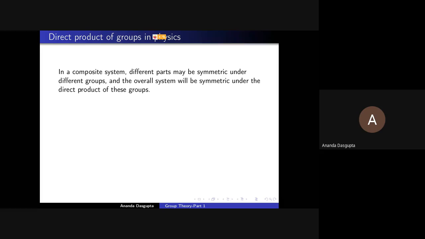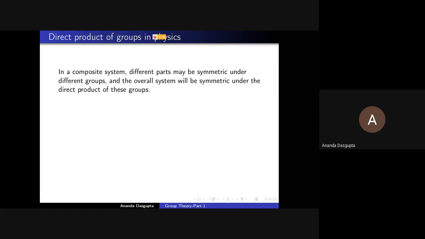A particular set of symmetry operations acts on the first one, and a particular set of symmetry operations acts on the second one. Now if you say, I treat them together as the same system, but when I do symmetry operations, I apply the first set on the first part, second set on the second part, so they never mix.